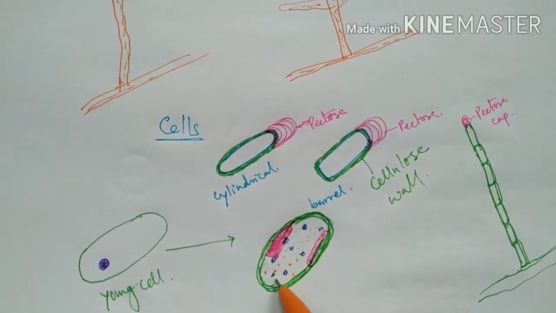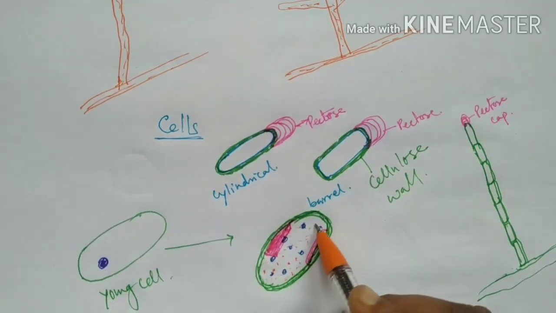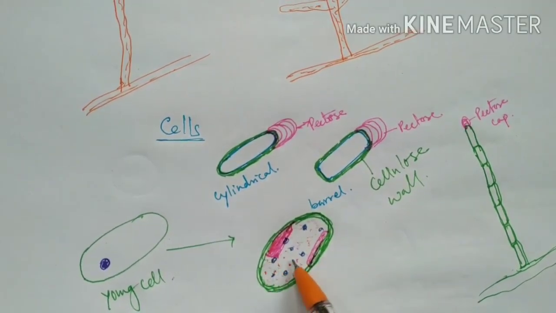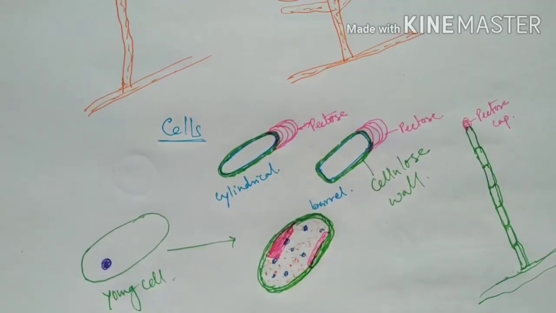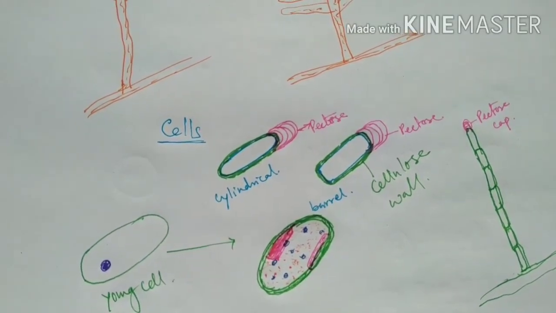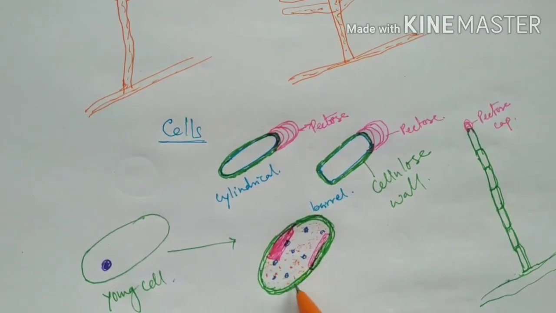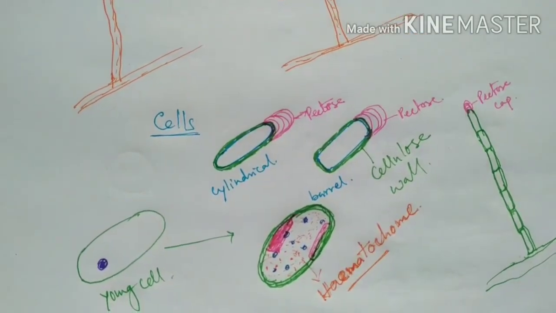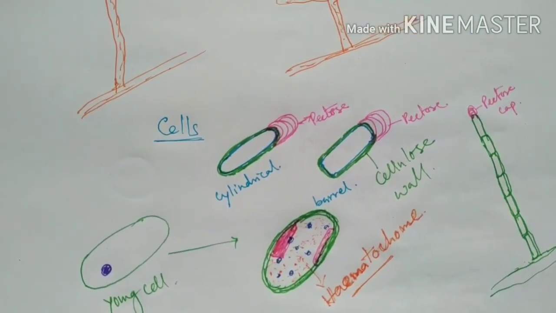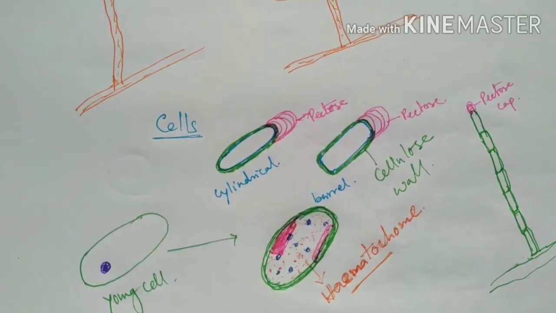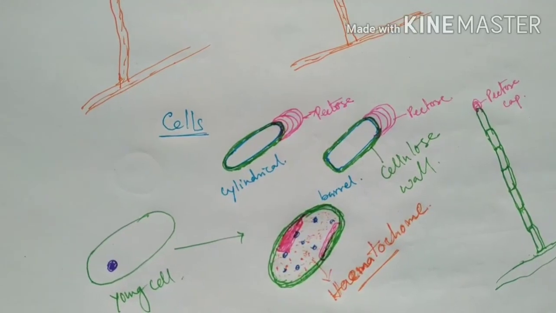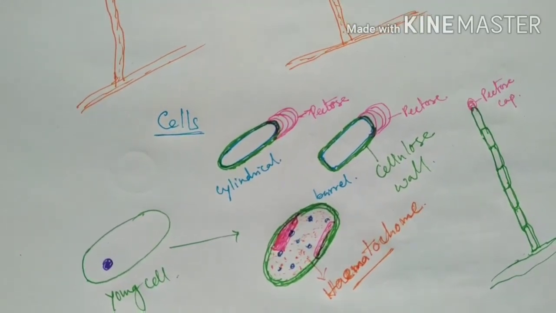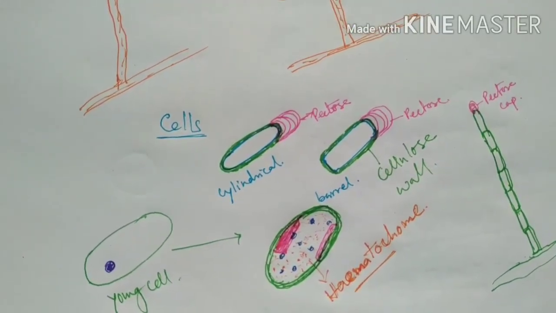These pigments are known as haematochrome. So haematochrome means within Trentepohlia, beta carotene, which is orange red in color, is present within this cell.